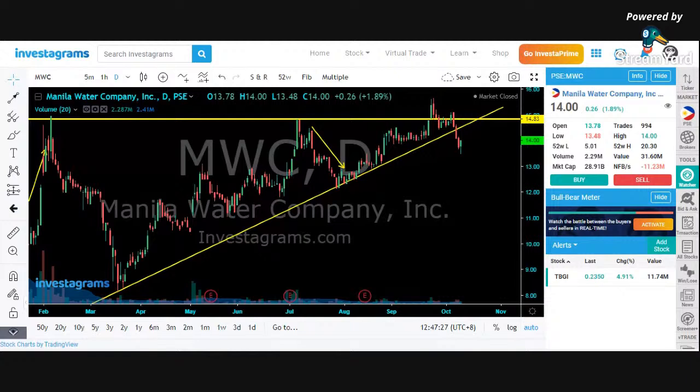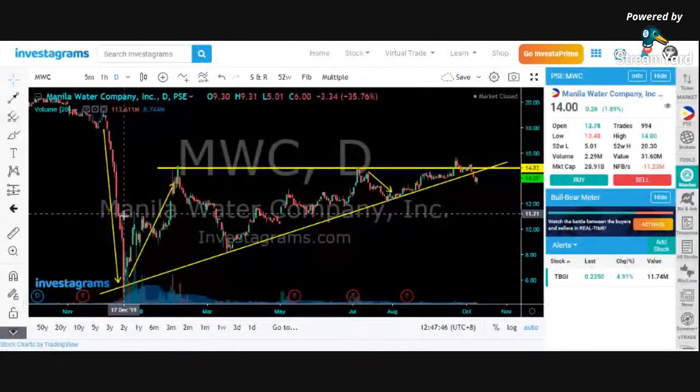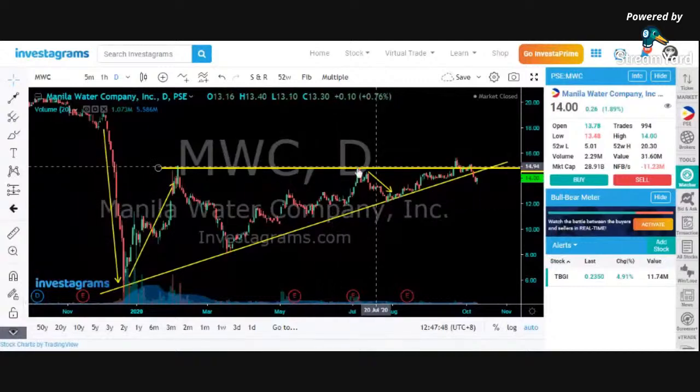So we need to see what the price action is saying. Okay? Price action tells already whether the buyer is aggressive. Now, in this case, since Manila Water is climbing from March, the buyer is aggressive on this area.